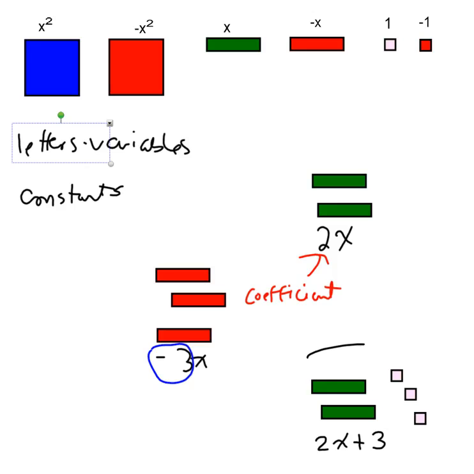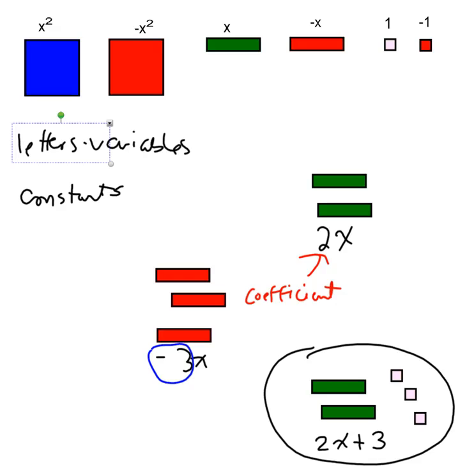So together, that whole thing equals the expression 2x plus 3. If I made the expression equal to something, if I said 2x plus 3 equals 10, then it's called an equation. If I just say 2x plus 3, it's called an expression. And the interesting thing here is that's actually would be your answer.